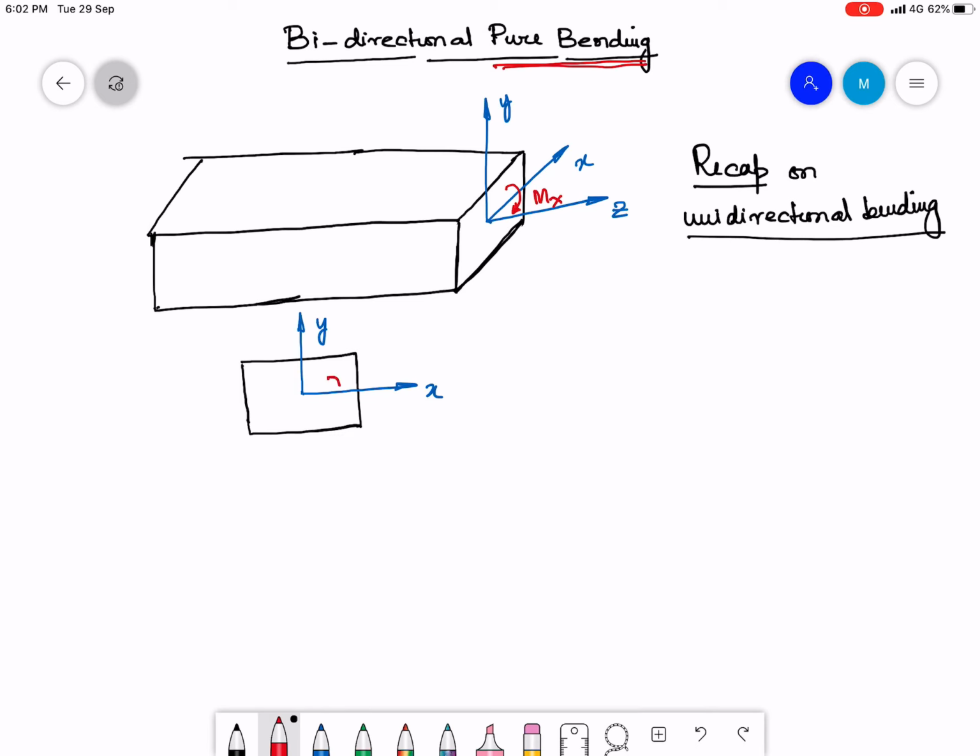So this is mx, and let me say that this is nothing but the cross section of the above beam. Okay, so you also might be aware that the unidirectional bending of beam that we had studied earlier is based on Euler-Bernoulli beam theory.